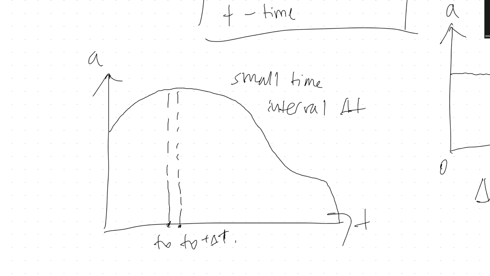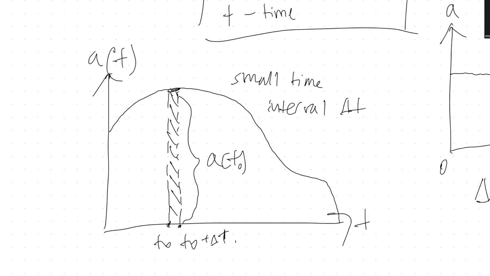And if I ask you what this infinitesimally small area represents, the answer would be that we know the length of this side of the rectangle is a, your acceleration at this time. If you define your acceleration to be a function of time, then the length of this rectangle is your acceleration at the time t0.